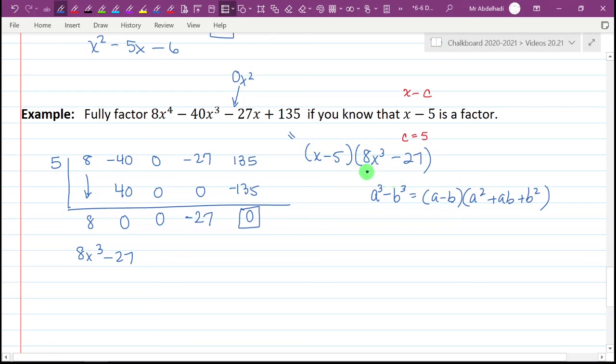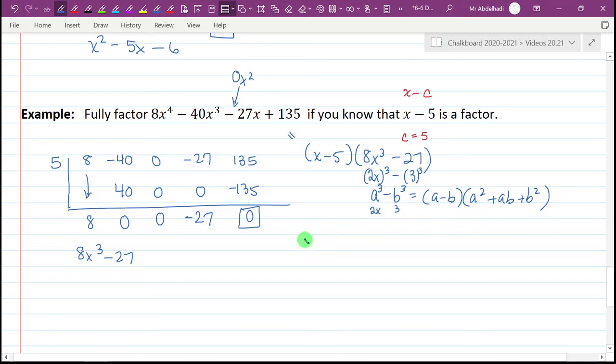Just a little review from last time. What we're cubing here is 2x, because 2 times 2 times 2 is 8, and x times x times x is x cubed. What are we cubing here? 3, because 3 times 3 times 3 is 27. So your a is 2x, and your b is 3.